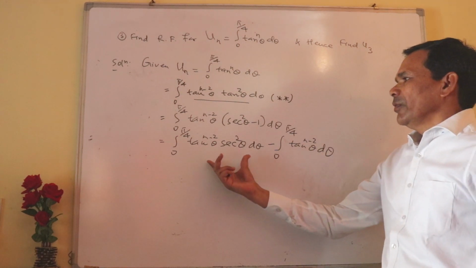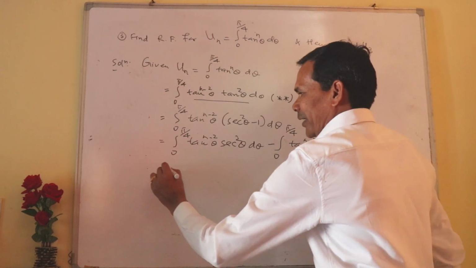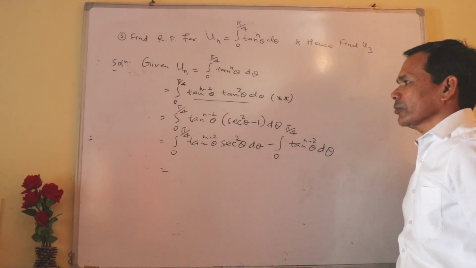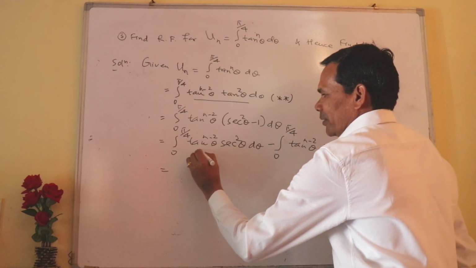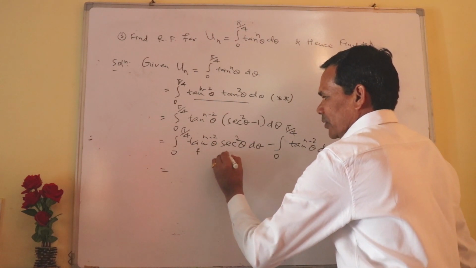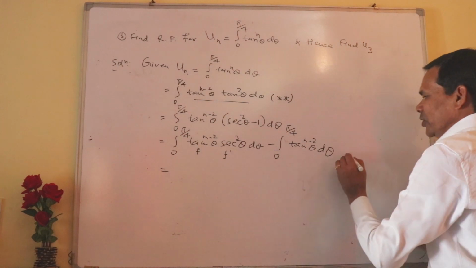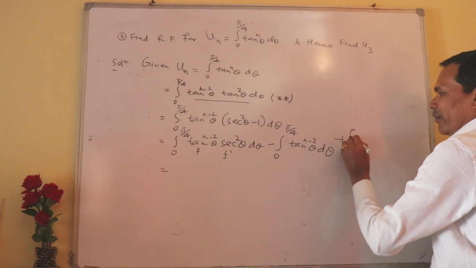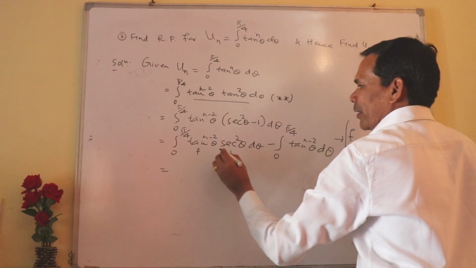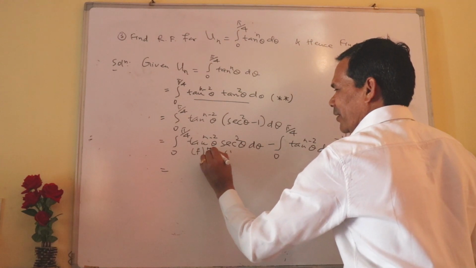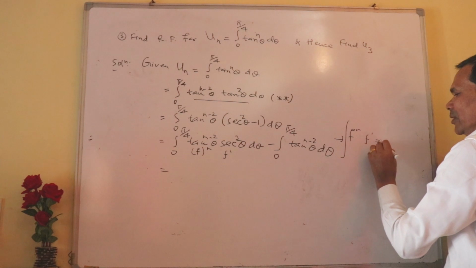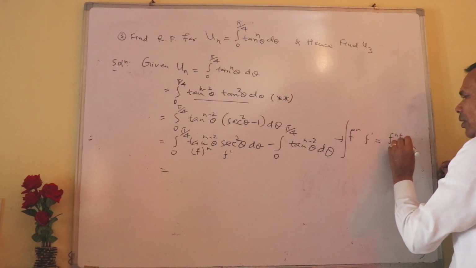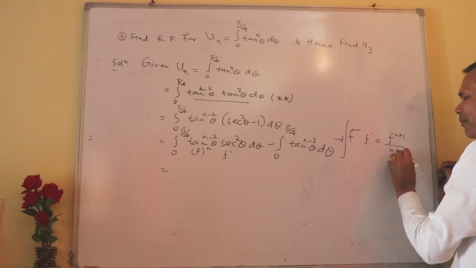Now we integrate this. We use the formula, this is f, this is f dash. So we are using the formula f raised to n into f dash is equal to f raised to n plus 1 upon n plus 1.